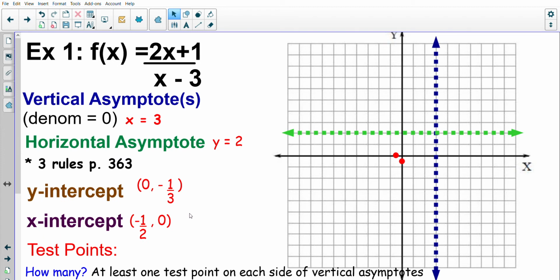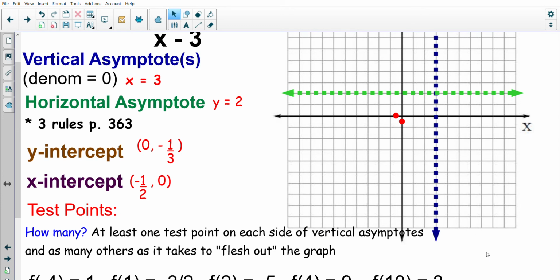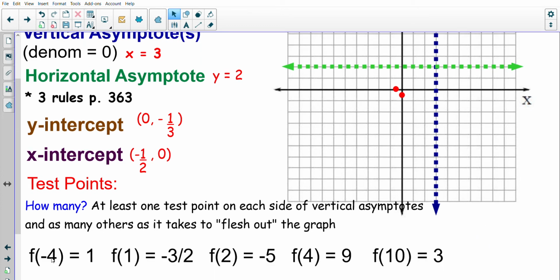Lastly, we have test points. How many test points? Well, again, we want at least one test point on each side of the vertical asymptote. So I want to check a test point on the left-hand side, and a test point on the right-hand side. I probably will need to check more points so that I have a good idea of what this graph looks like. So negative 4, I've checked that one.